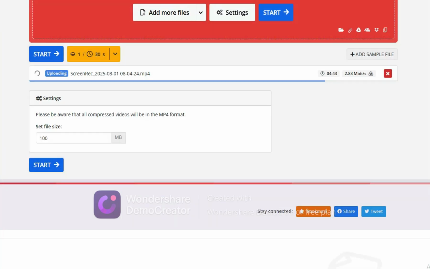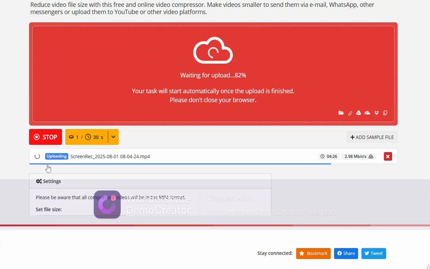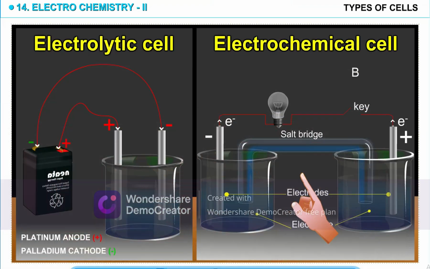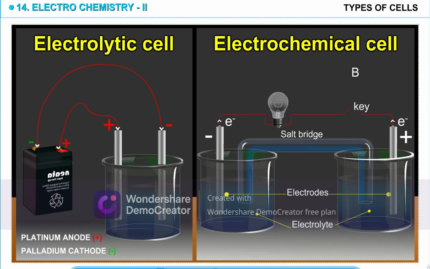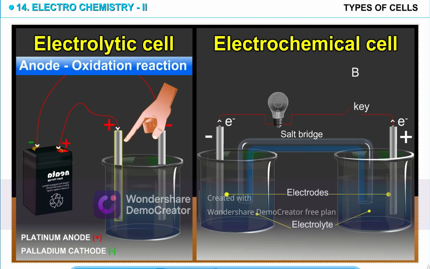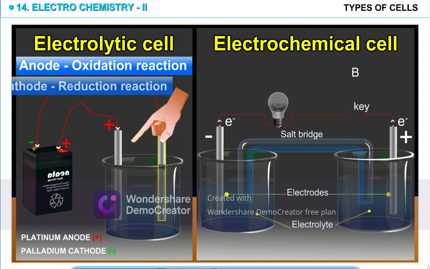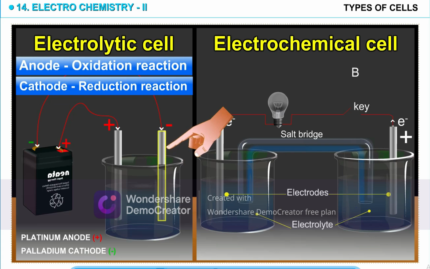There are two types of cells known as electrolytic cell and electrochemical cell. Each of them possesses different characteristics and is used in different applications. Generally, at the anode, oxidation reaction occurs, and at the cathode, reduction reaction occurs.